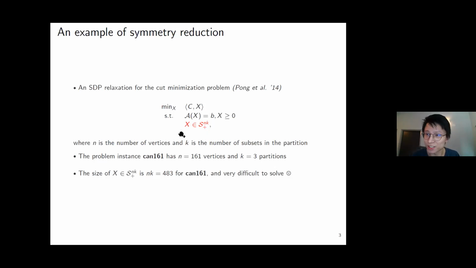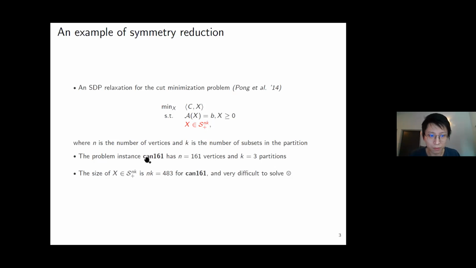What matters most is this is an SDP relaxation for the cut minimization problem with a matrix variable of size n times k, where n is the number of vertices in a given graph and k is the number of subsets in the partition.